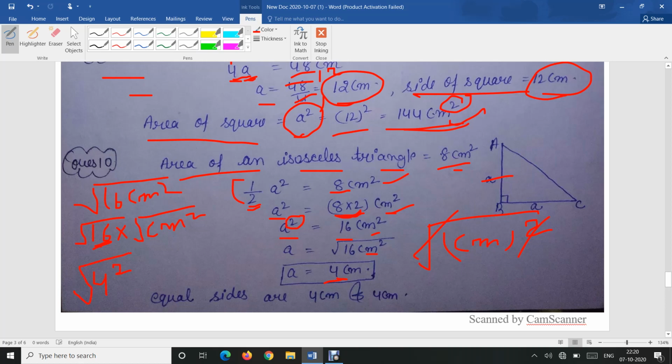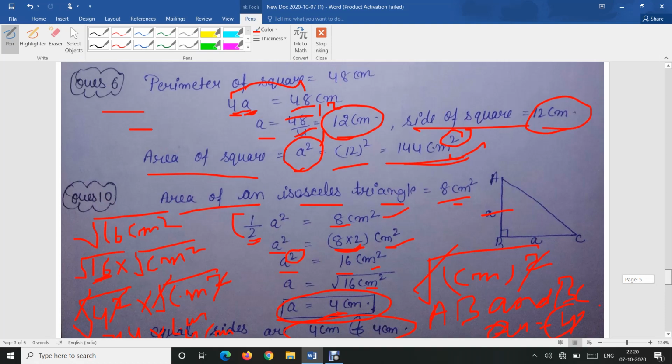So square root of 4 square multiplied by under root of centimeter square. You can cancel this square with square root, also this square with square root. Now you are left with 4 multiplied by centimeter, that means 4 centimeter. So a will be 4 centimeter. That means equal sides are 4 centimeter and 4 centimeter, meaning AB and BC are equal to 4 centimeter. Hope you understand this question also.